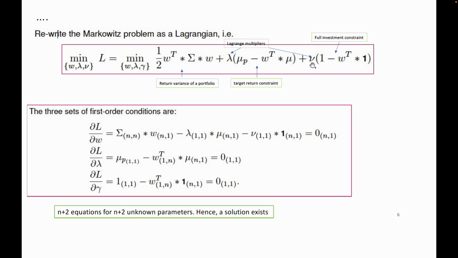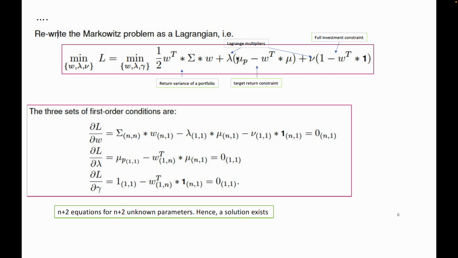Okay, and then we have nu. Nu is a second Lagrange multiplier, and it multiplies the constraint that all of our investments together, so if we add up the w's, w transpose 1, it's simply the sum of our portfolio holdings, has to add up to 100%, to 1. So we don't want to waste any funds, or said differently, we want to invest 100% of our funds into the risky assets.